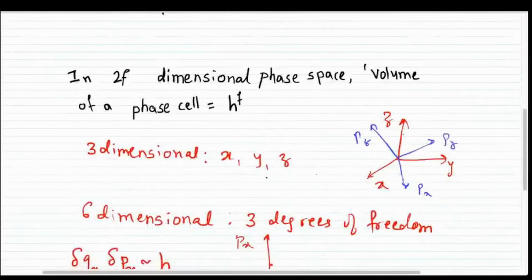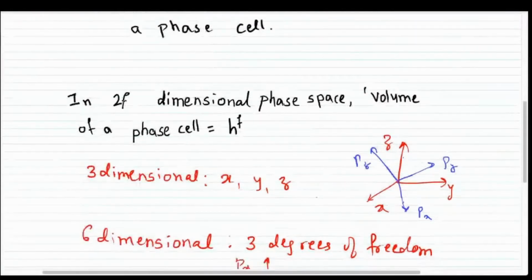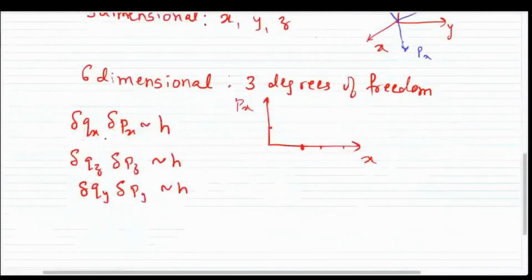So a 3-dimensional position coordinate and a 3-dimensional momentum coordinate, that is px, py, pz. Our phase space will be 6-dimensional. So this 2f will become 6. And in that case, the volume of the phase cell will become h raised to 3. So here delta qx, delta px should be approximately equal to h.